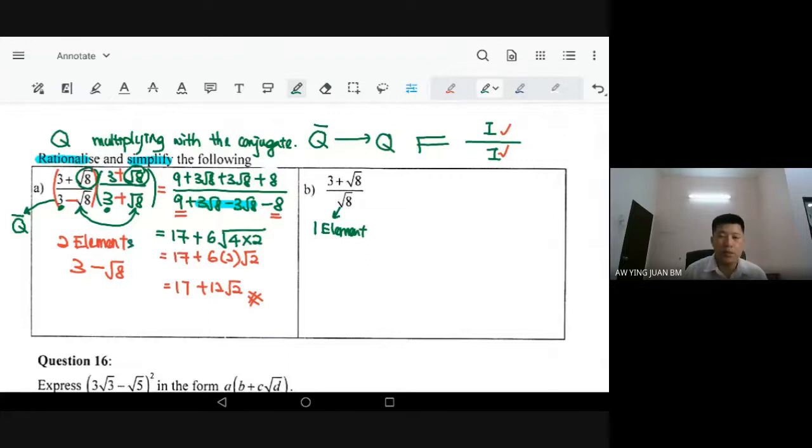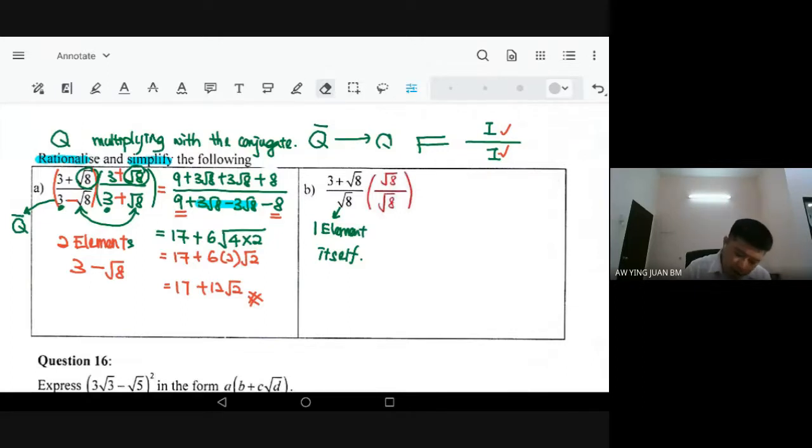Okay, dia one element. So kalau one element, itself is the conjugate. Dia sendiri adalah conjugate. So we just multiply with the square root of 8.